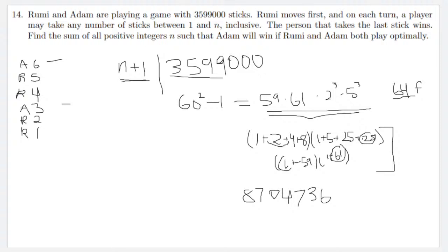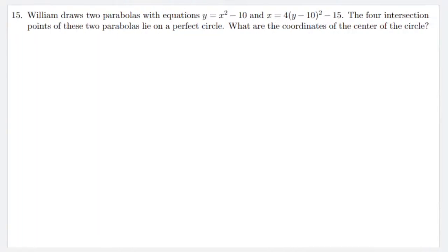Okay, number 15. Number 15, unlike the previous problems, is a very clean problem, not a lot of computation in it. So the first thing to do is let's try and cancel something because we don't want to deal with squares. So let's divide the second equation by 4.